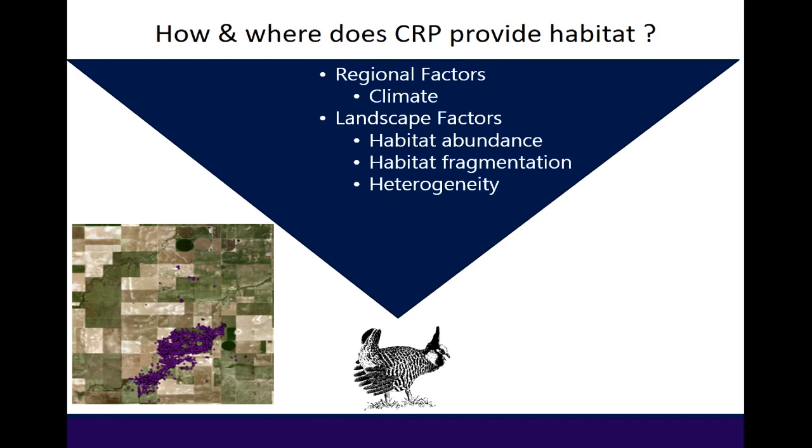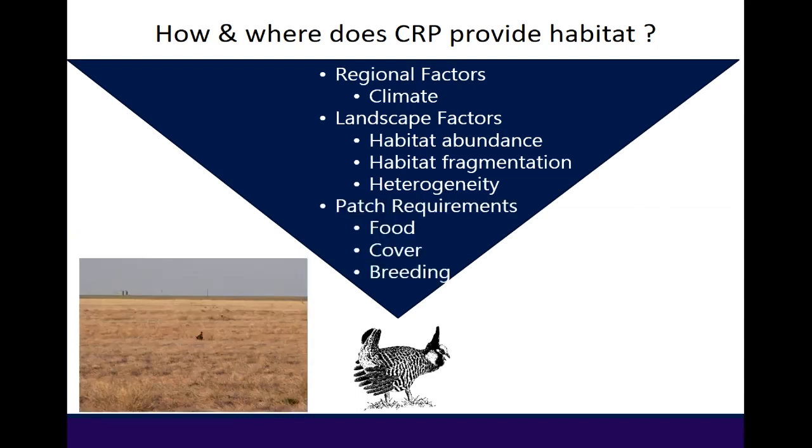Also, the surrounding landscape around that CRP may have a strong influence on whether that area is used and how it provides habitat. We know that lesser prairie chickens use different habitats for different life stages, and also that some habitat fragmentation and heterogeneity can influence the utility of that landscape. And finally, the patch requirements within that CRP field, its ability to provide food, cover, and breeding habitat.